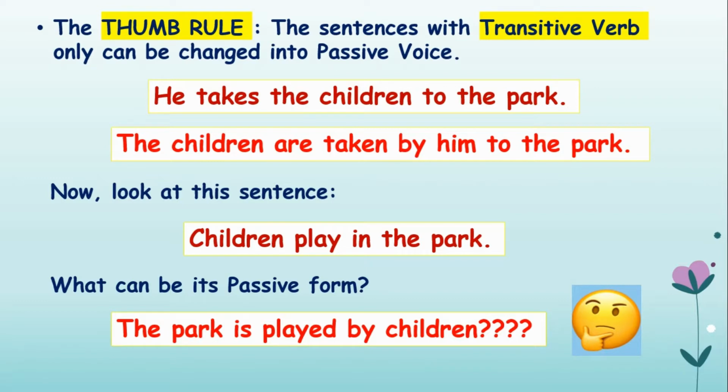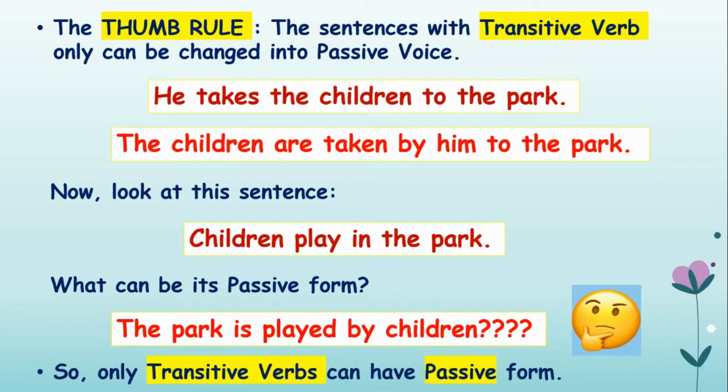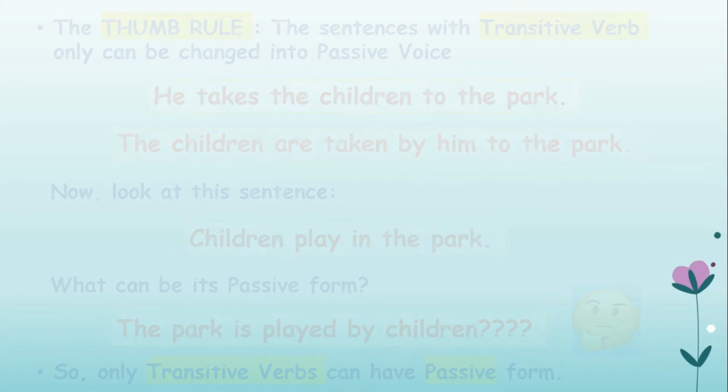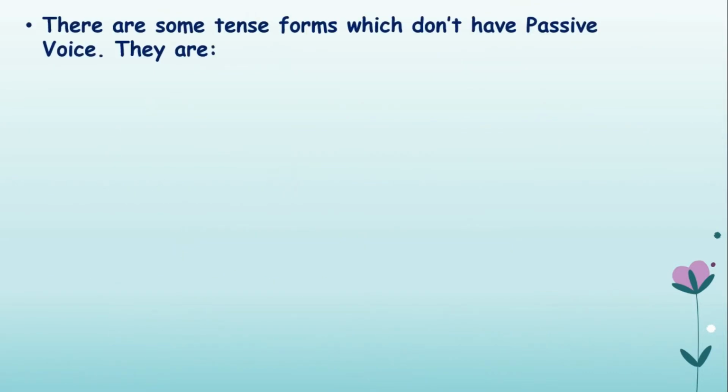Intransitive verbs don't have passive voice. Keep this in mind. Only transitive verbs can have passive form. There are some tense forms which don't have passive voice. Out of 12 tense forms, there are 4 tense forms which don't have passive voice.